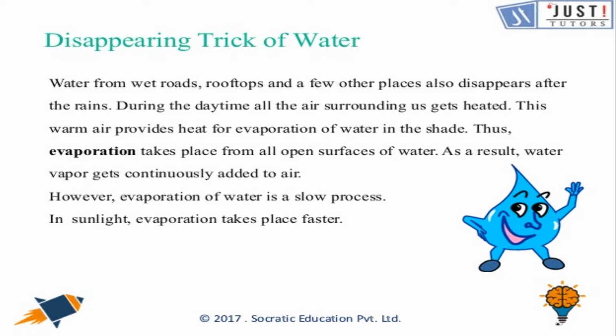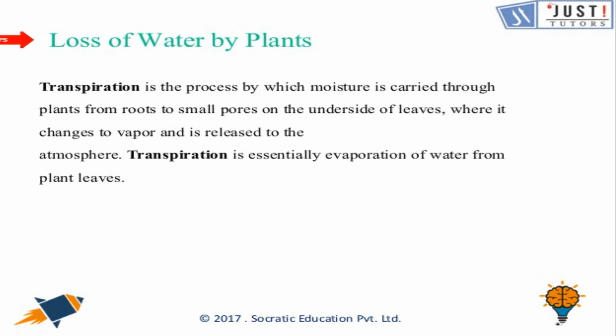Now let's come here. Loss of water by plants during rain. On top of the plants there is also water. Transpiration is the process by which moisture is carried through plants from roots to small pores on the underside of the leaves. Whenever it's raining, you can see the underside of a leaf.